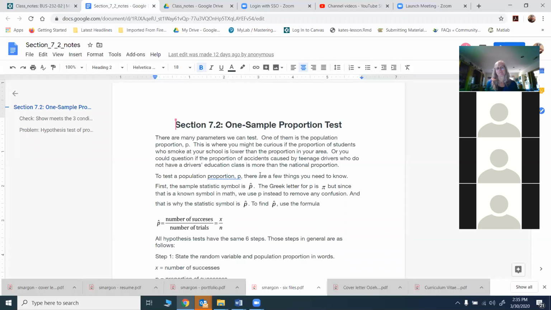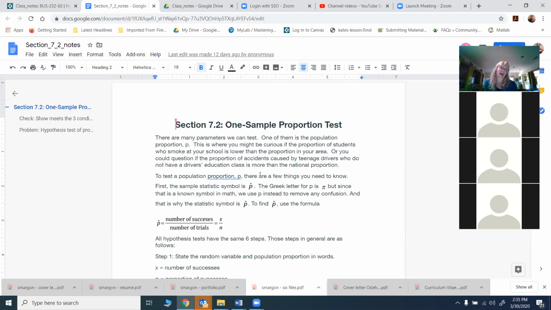What's a Greek letter that starts with the letter p? There's psi, and there's phi. How about pi? Yes, say pi. So the Greek letter equivalent to p is pi.